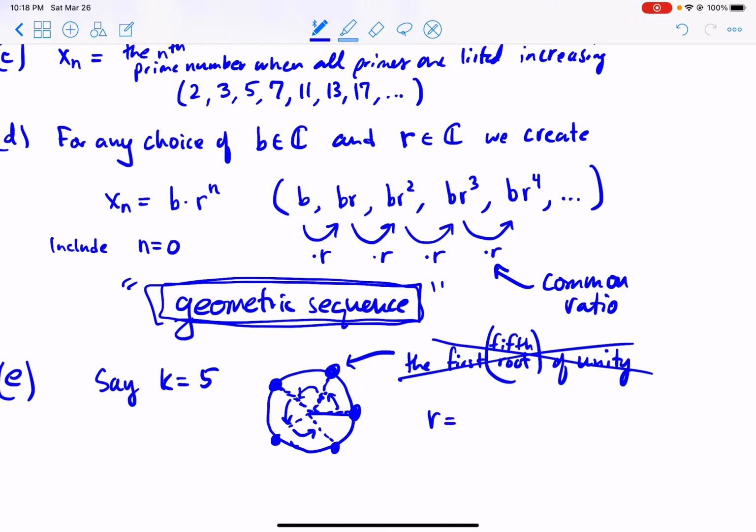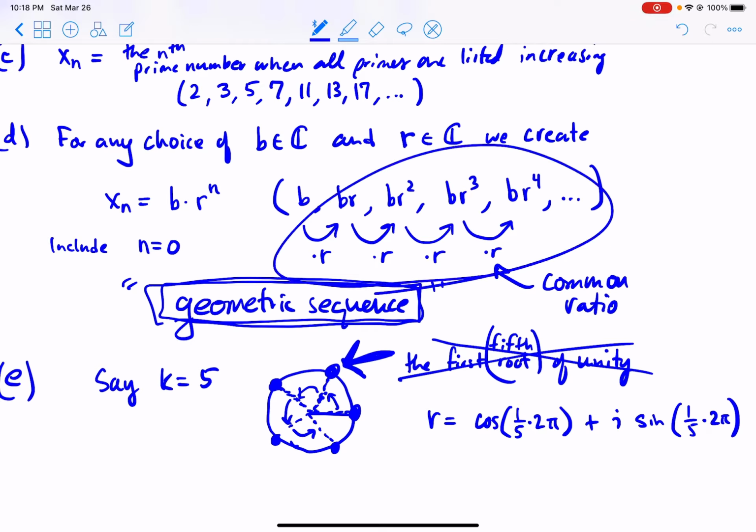We set r equal to cosine of 1/5 of 2 pi plus i sine of 1/5 of 2 pi. Why? Because that will give me exactly this number. That's what we want to do. We just want to rotate around. Each time we're going to multiply by r.